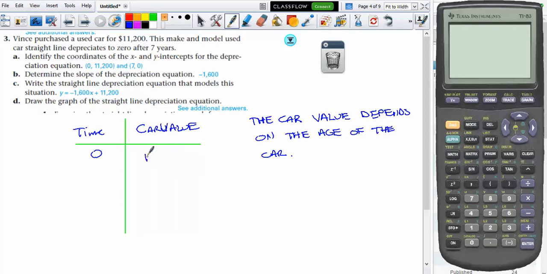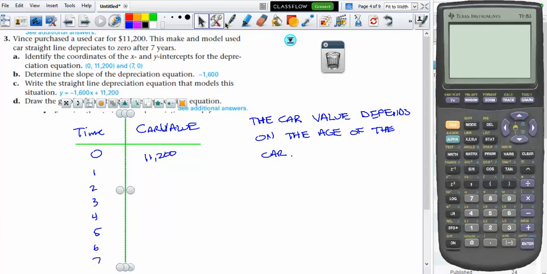That's what you bought the car for. And then all the way down here it says after 7 years it doesn't have any value. So 0, 1, 2, 3, 4, 5, 6, 7, and at year 7, this now has a value of 0.